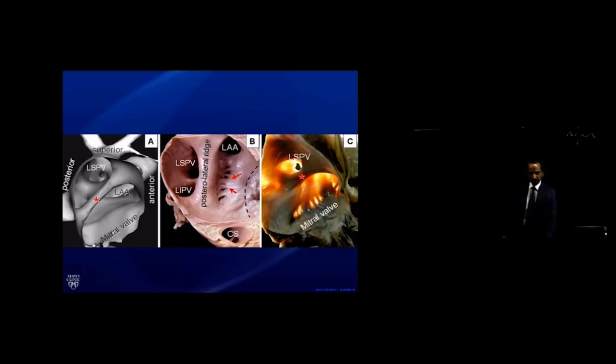The second source, which is probably more common, is competitive cooling. We're trying to ablate on the endocardial surface, but we're cooling because of the blood flow in the coronary sinus. If that happens, we'll have a rim of tissue where we're not able to get adequate temperature increase and complete that line. This is probably the most common reason why we wind up ablating in the coronary sinus in some patients.